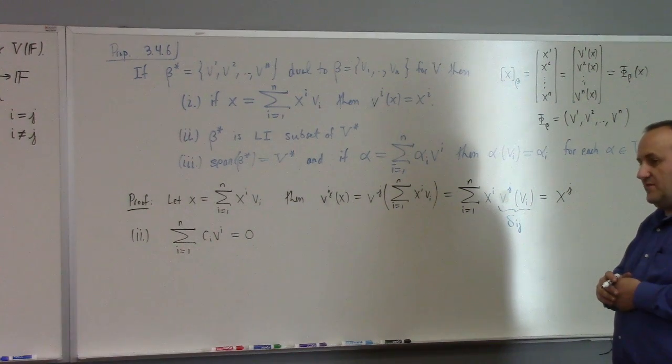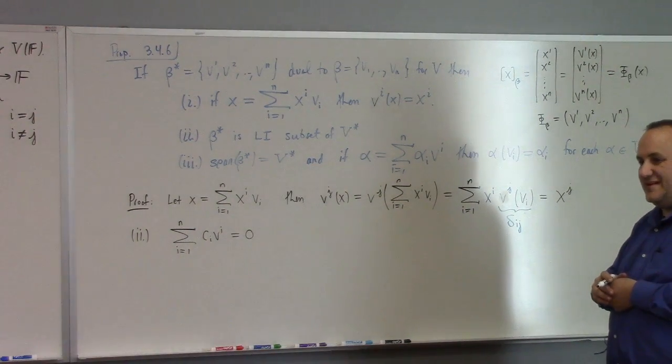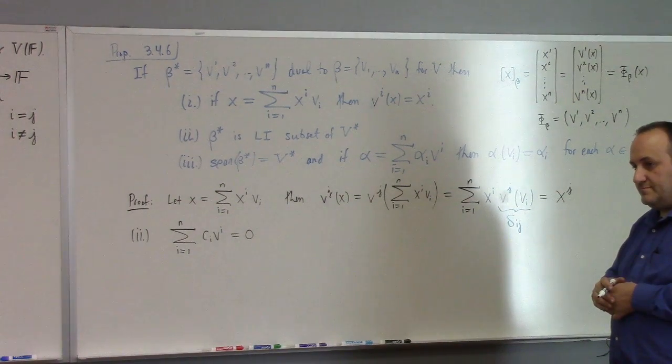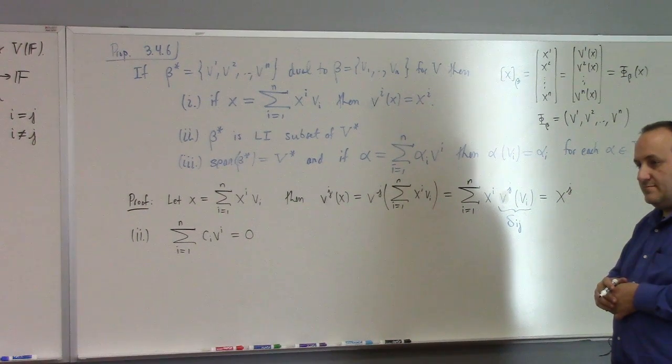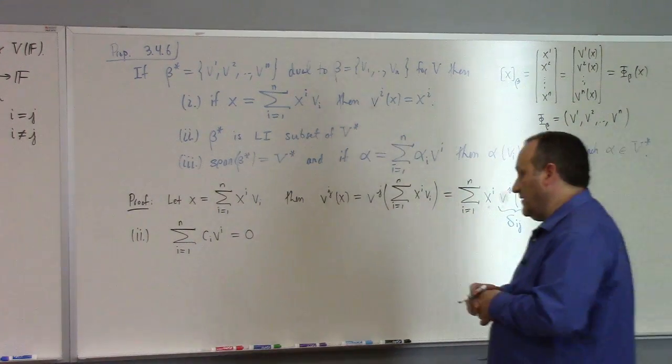I'd like to show the coefficients are 0. What should I do? This is an operator. What should I feed it? Yeah, let's feed it v lower j.